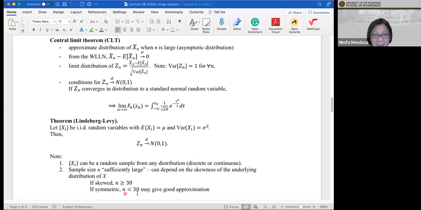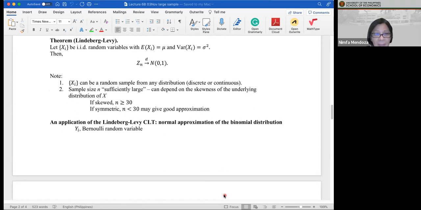If the underlying distribution is symmetric and n is less than 30, you may still get a good approximation using the central limit theorem. Those are just rules of thumb.